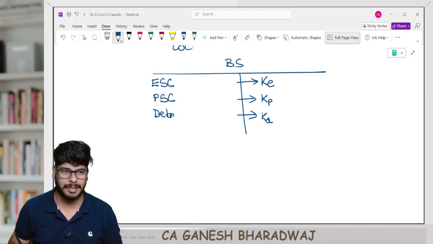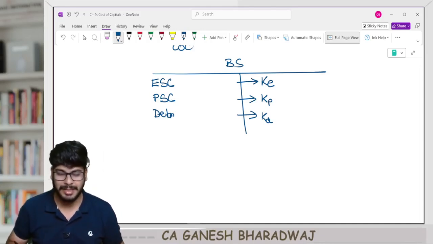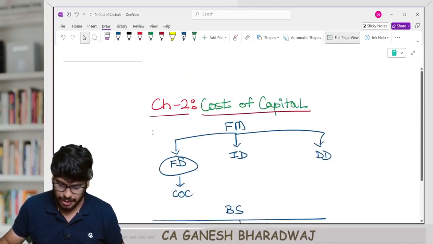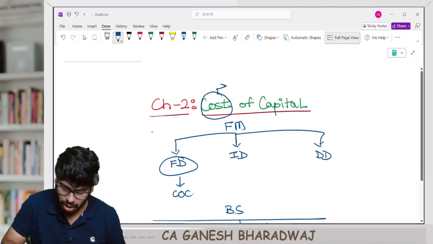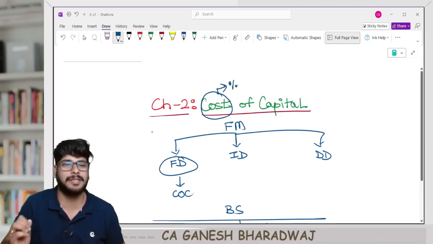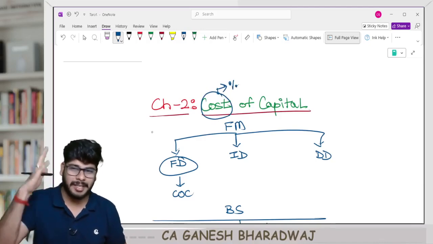Are you clear with this, guys? Right? Now, one thing that you need to remember is in this chapter, whenever I use the word cost, it is always expressed as a percentage, not in absolute terms. Clear with this?